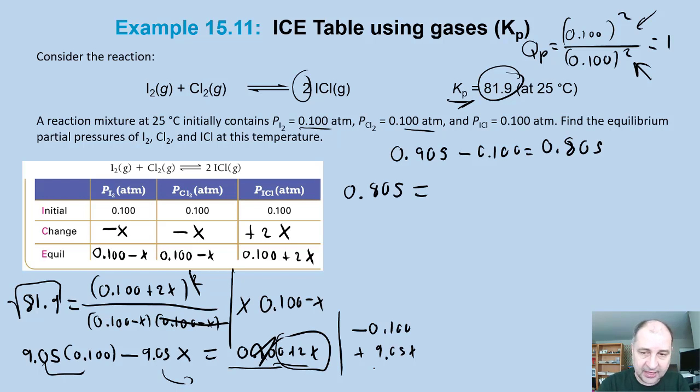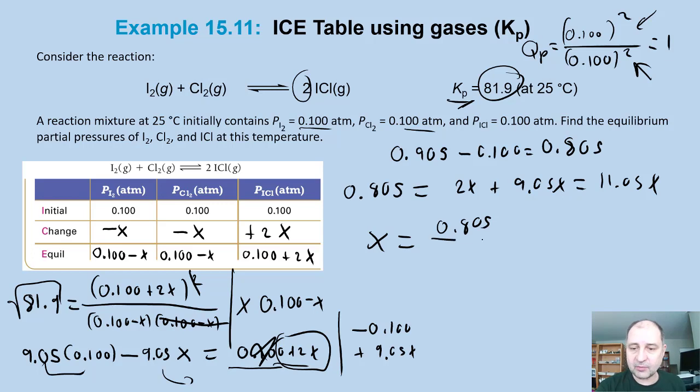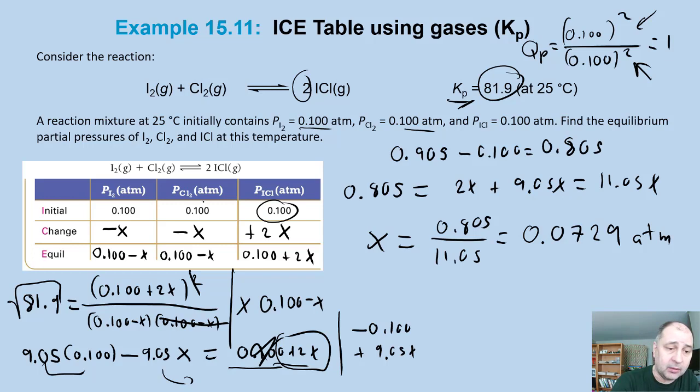So I'm going to add 2x plus 9.05x, which is 11.05x. And if I solve for x, x is going to be equal to 0.805 divided by 11.05, which equals 0.0729 ATM. And that's x, so we still need to subtract that from our initial concentrations to get the concentrations at equilibrium.